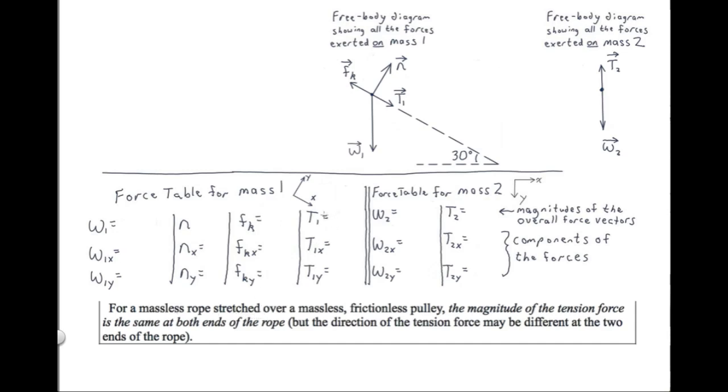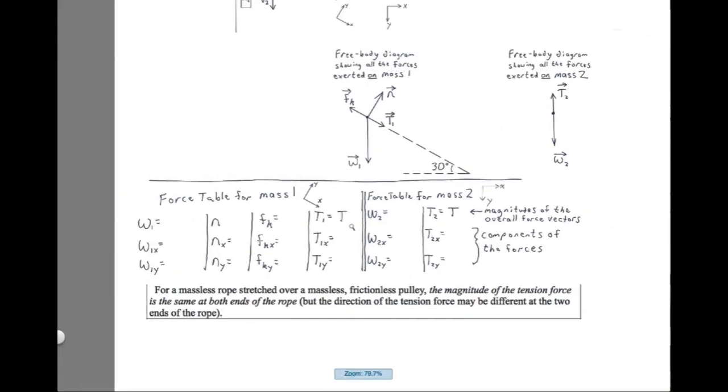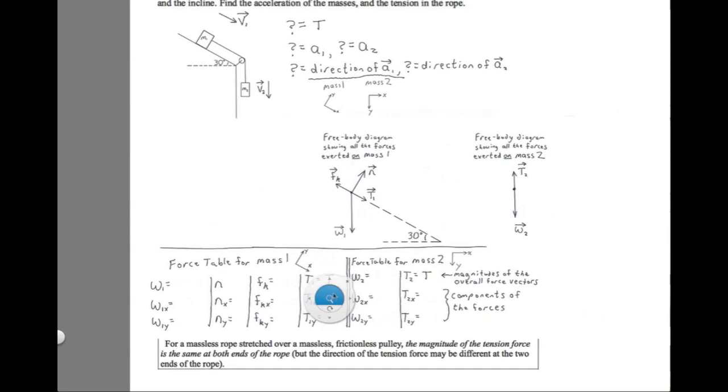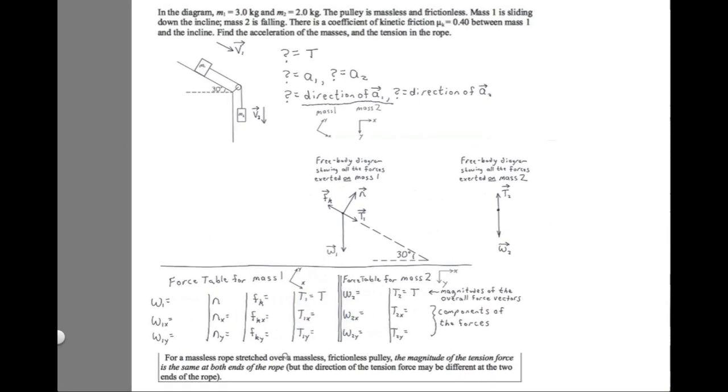That means we can say that the magnitude of the tension force being exerted on object 1 is capital T. And then we can use the same symbol, capital T, to stand for the magnitude of the tension force being exerted on mass 2, because the magnitude of the tension force is the same at both ends of the rope. Now, technically, we've seen that this is a rule that applies to a massless rope stretched over a massless, frictionless pulley. The problem did tell us that the pulley is massless and frictionless.